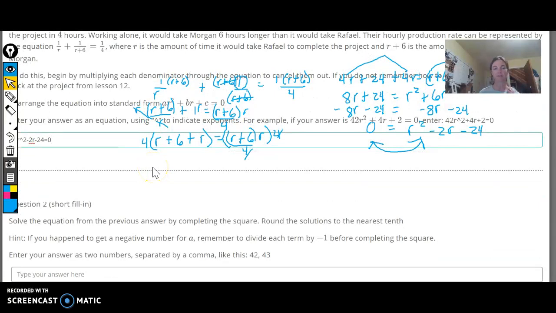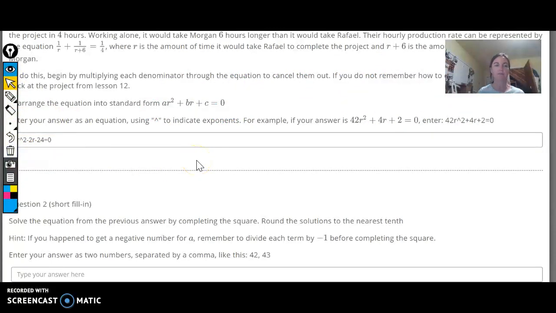Solve the equation from the previous answer by completing the square. Okay, so we've now moved on to completing the square. All right, so I'm going to erase this so we have some room to work.